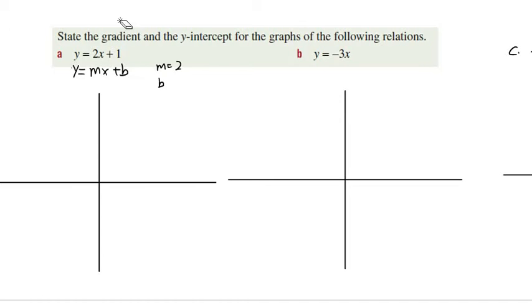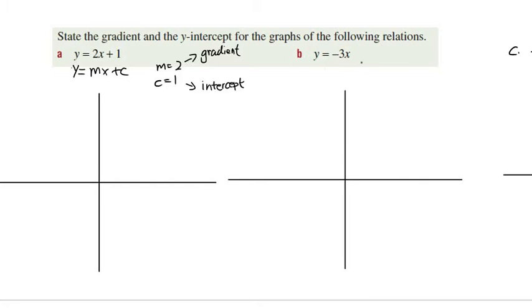Sorry, not b, this should be c. So c equals 1. The coefficient multiplied to the x term is called the gradient, so our gradient is 2, and the constant added is called the intercept. So we have found the intercept and the gradient from the general equation.